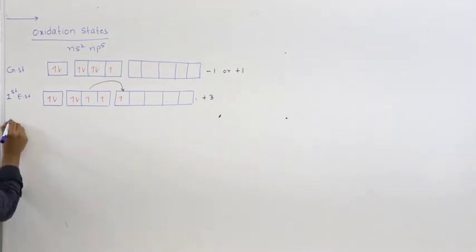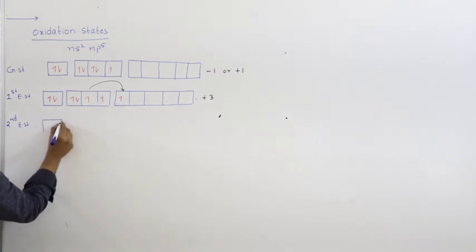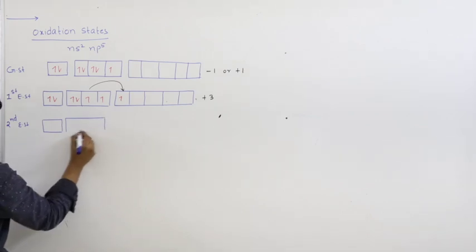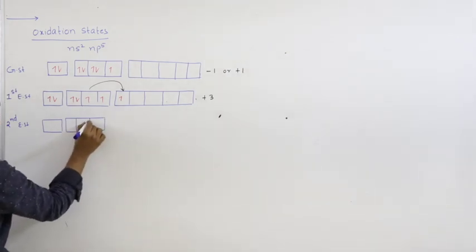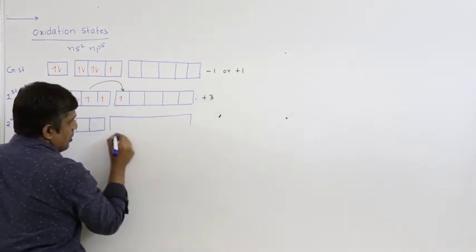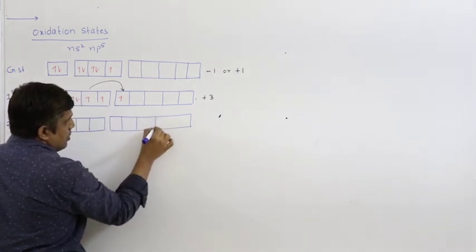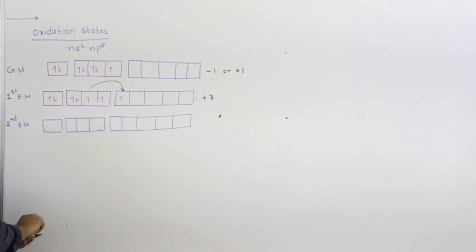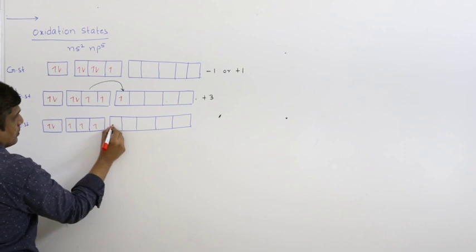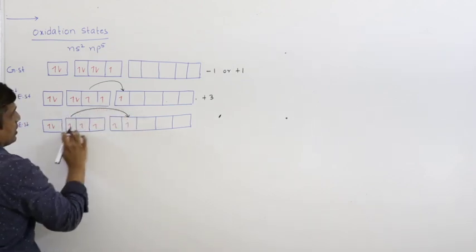Going to the second excited state, the electron is promoted from here to here.